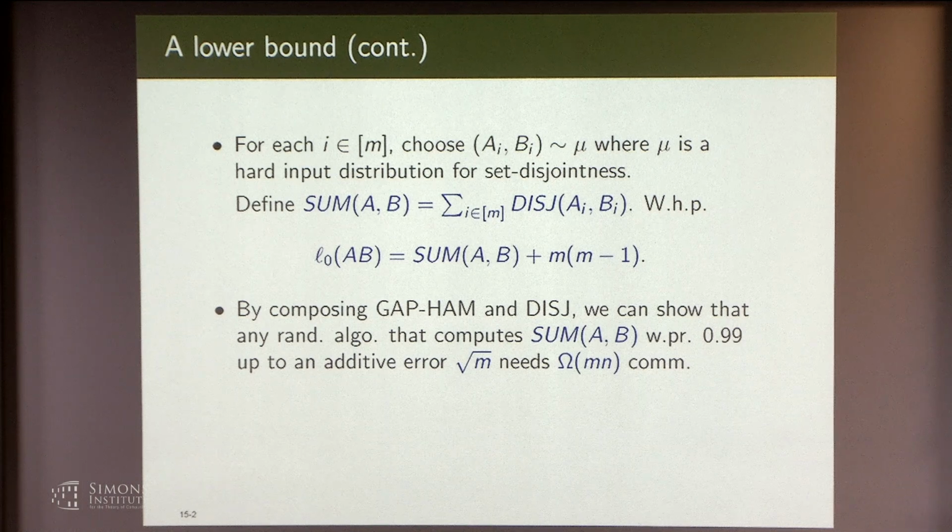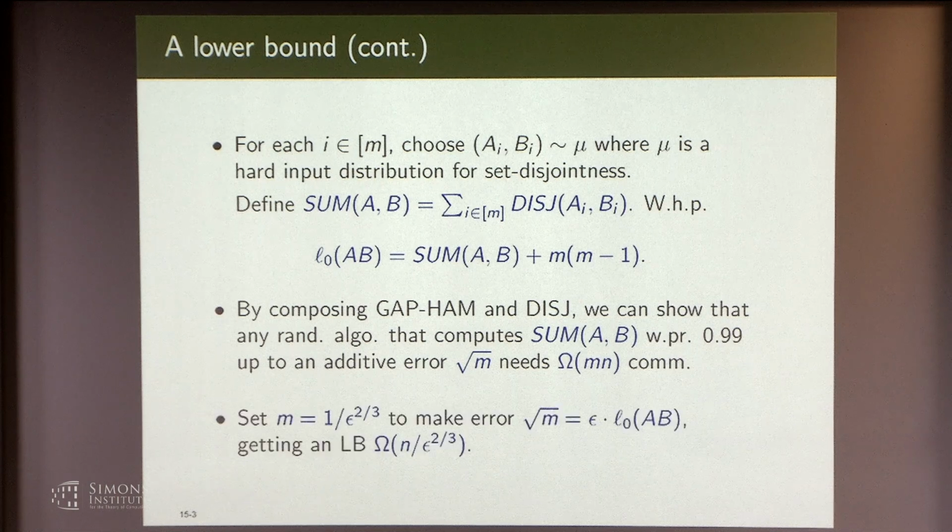These two terms multiply, so this is why we have m times n. The actual arguments are more involved. We have to modify the distributions for set disjointness and gap Hamming to make sure that they can compose, and we even have to modify the definitions of those problems a little bit. But those are details that I don't want to get into. This is the high-level idea.